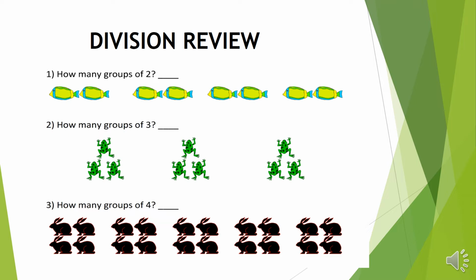So here is the division review. Let's revise the concept of grouping. Here are the questions, so we can solve them and it will remind you of the concept. Question number 1: how many groups of 2? We have to make groups of 2 and find how many groups there are by circling the groups of 2.